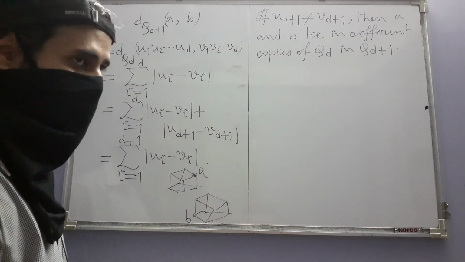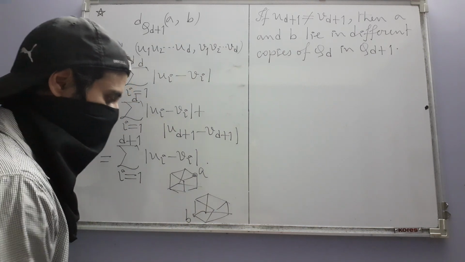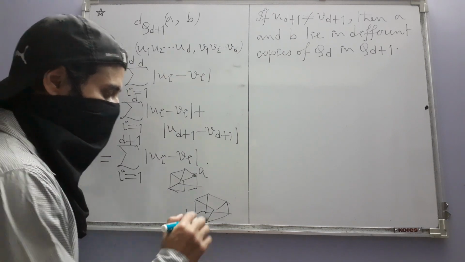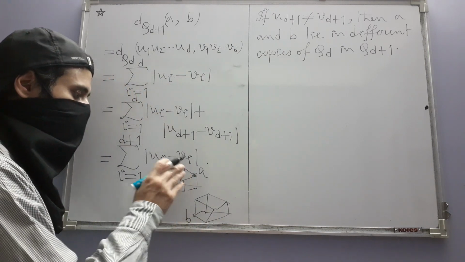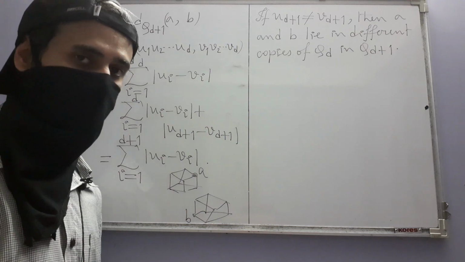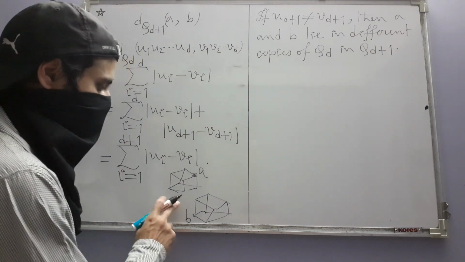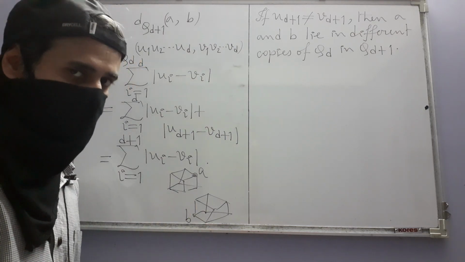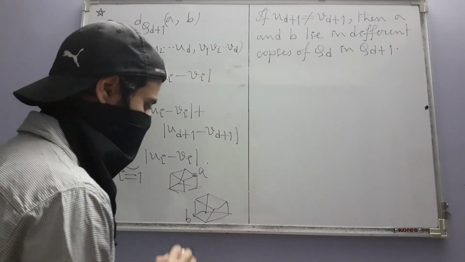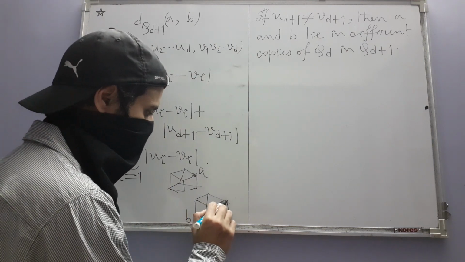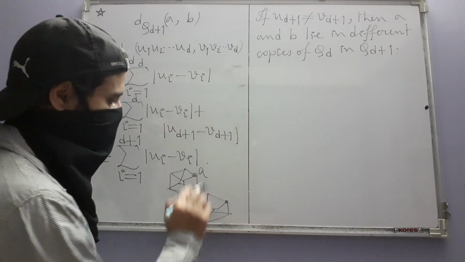So A lies in one copy and B lies in the other copy. So how does a shortest path between A and B look? There will be many such paths, but among them there will be particularly one path which will go like this.